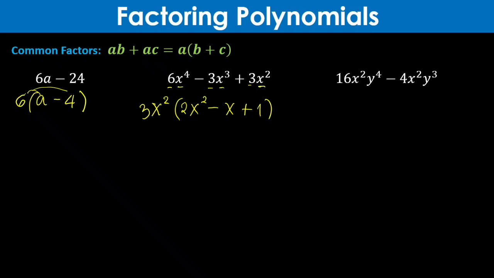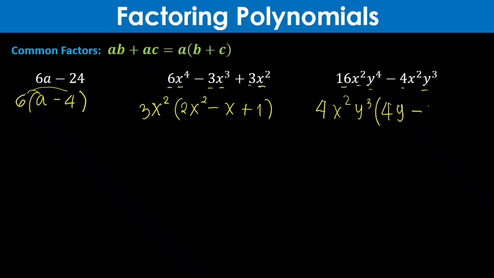Next, here the common numerical coefficient is 4. For x, it is x squared, factor it out. And for y, it is y cubed, the smallest exponent. So we factor out the 4, the x squared, and the y cubed.